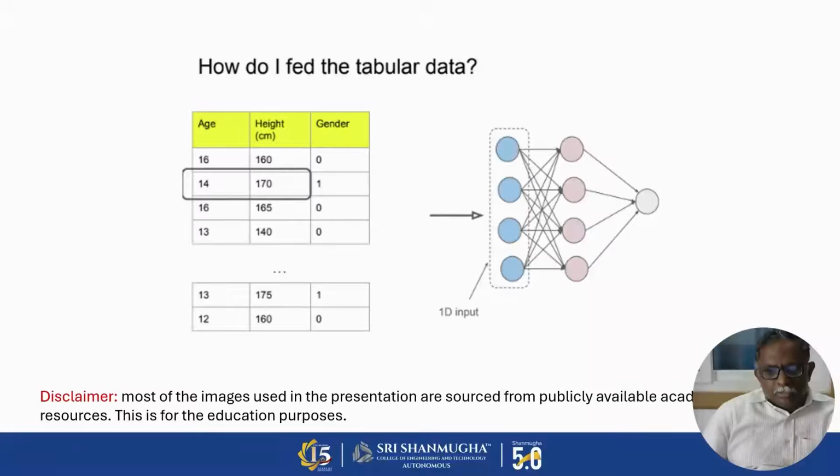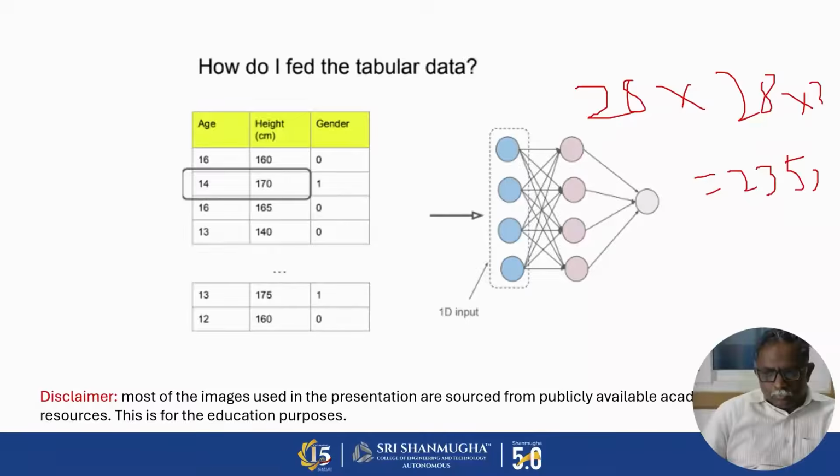Even a low resolution image will have many values. For example, 28 into 28 into 3 will give you around 2352. So these many values should be fed into the multi-layer perceptron. You can see how many parameters are required for even a low resolution image.